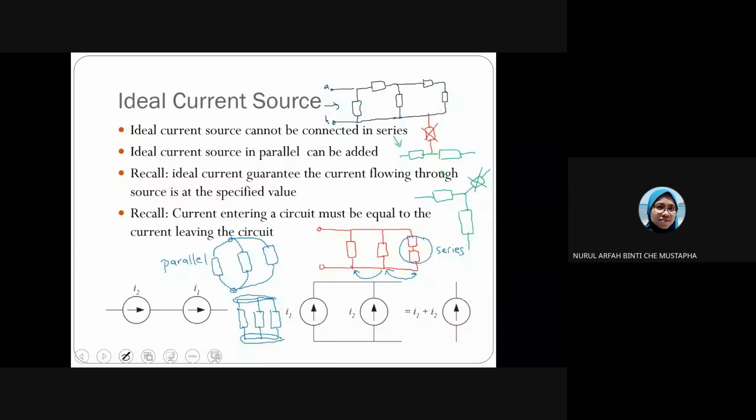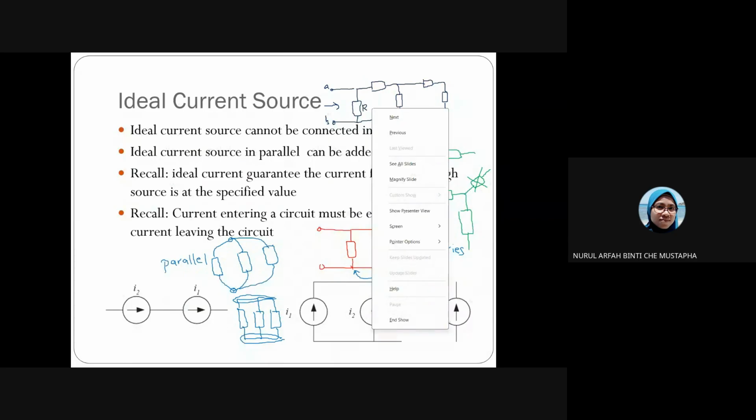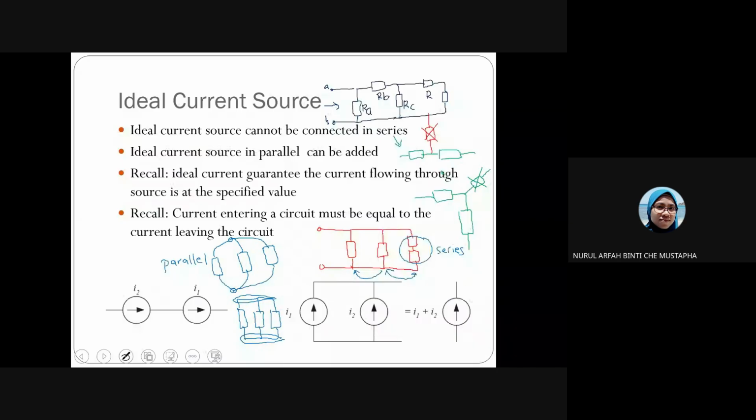Okay. Which one is in series and which one in parallel? RA, RB, RC, RD, RE. Okay, which one is in series? RE and RB?